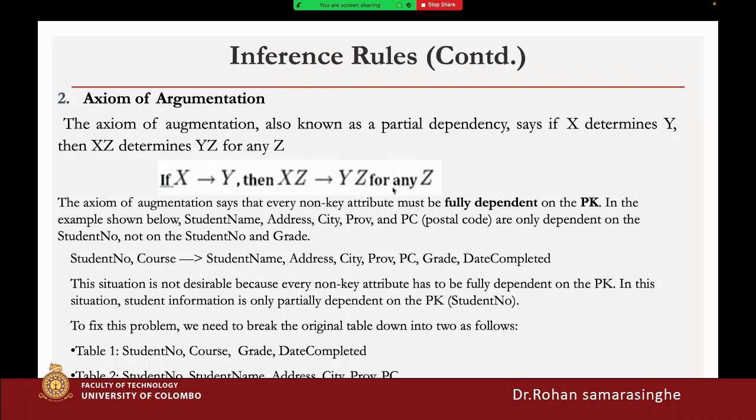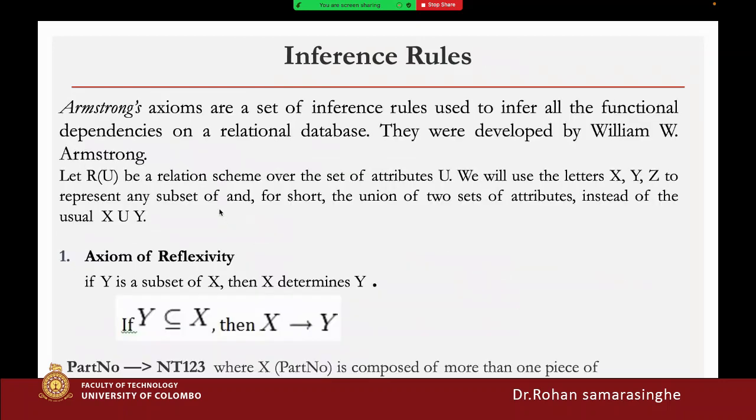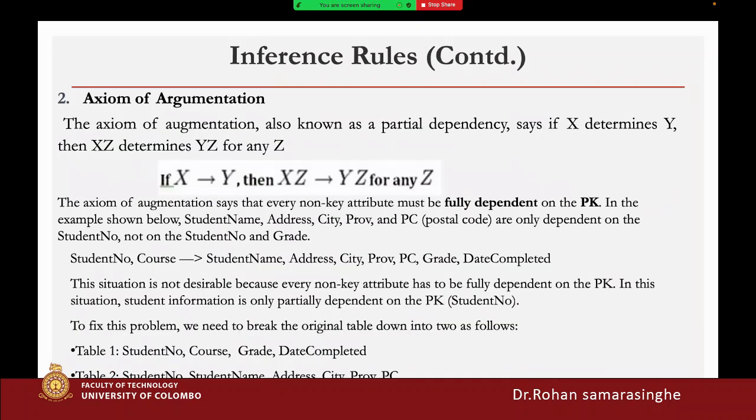Here you can see this. The axiom says that every non-key attribute, you know what a non-key attribute is, must be fully dependent on the primary key. From the primary key you can access the other attributes.